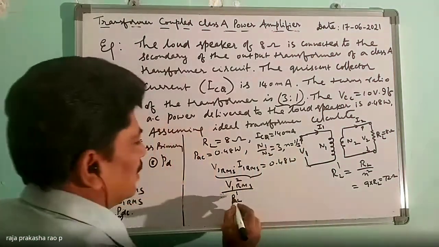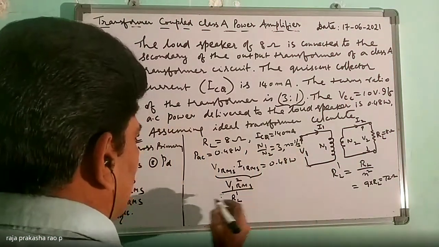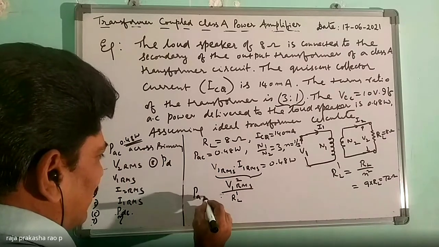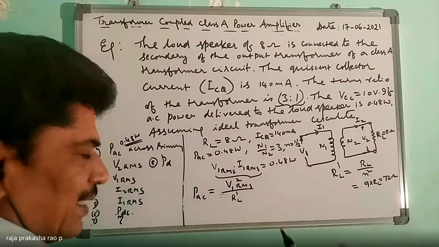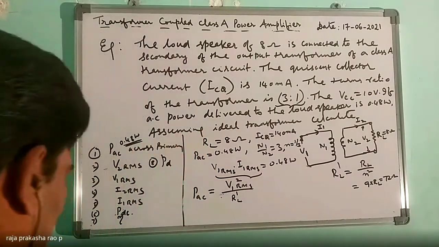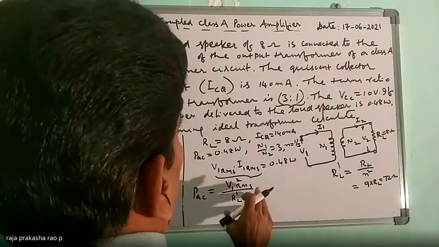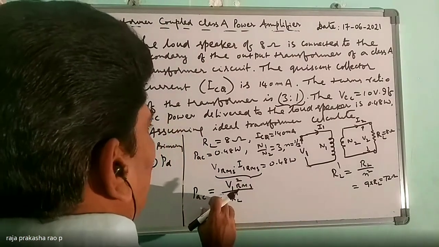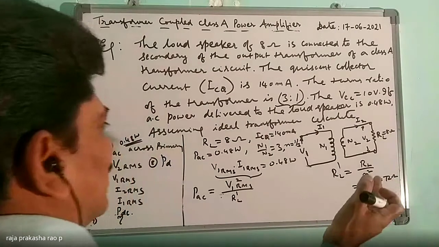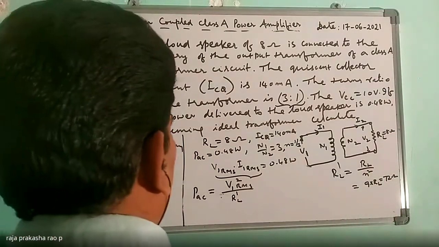So V square by RL dash is PAC on the primary side. It is also equal to the secondary side. The same power will be developed across the secondary.